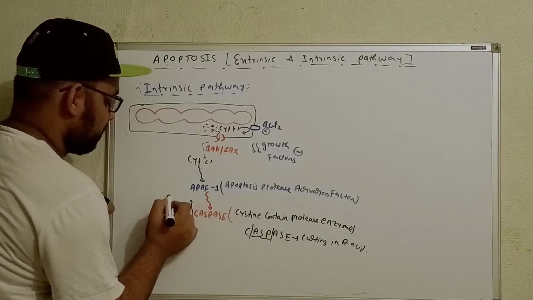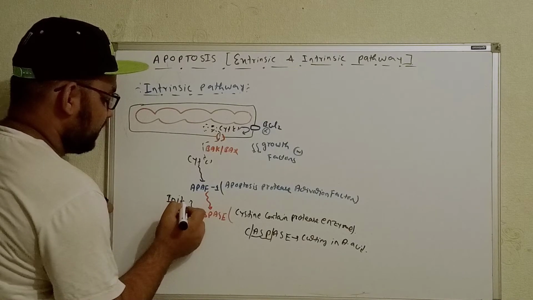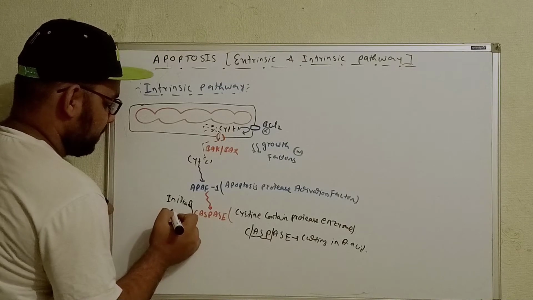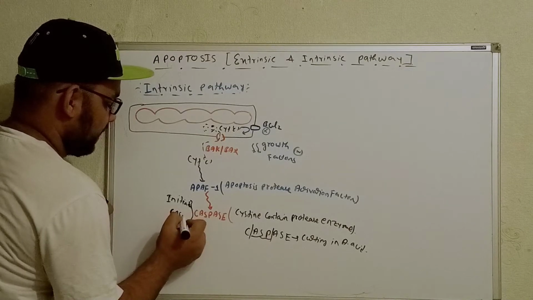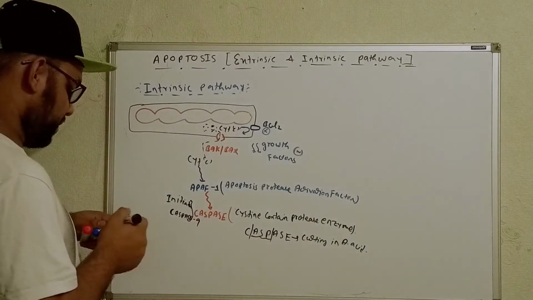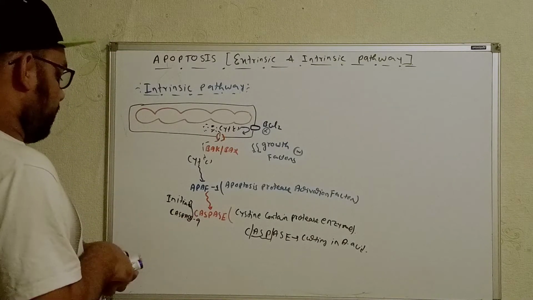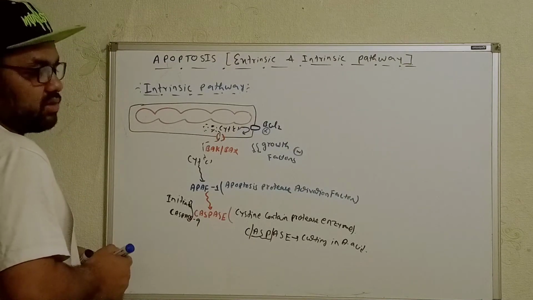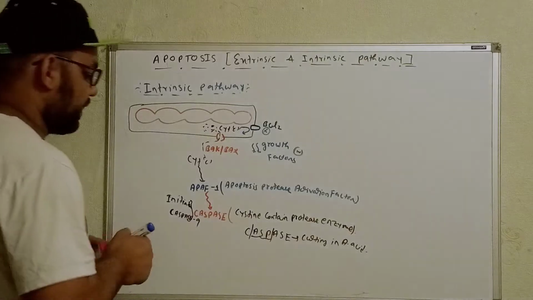So the initiator caspase is caspase 9. At first we will get this. Now this caspase 9 can activate more caspases, known as executioner caspases. Let me write it over here.